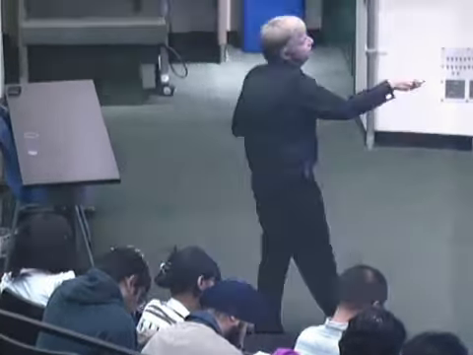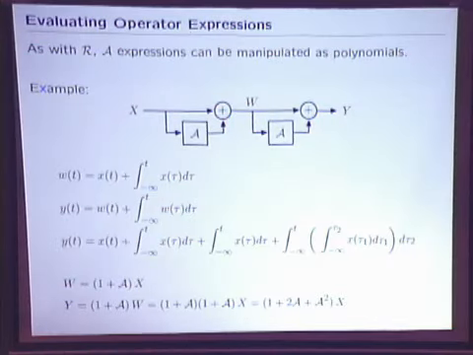So if you think about this feed-forward system that's now CT, not DT, the feed-forward system says that I could construct W by taking x plus ax, that's x plus the derivative, the integral of x, right? Then I could think about the y signal as W plus the integral of W. So that's this one.